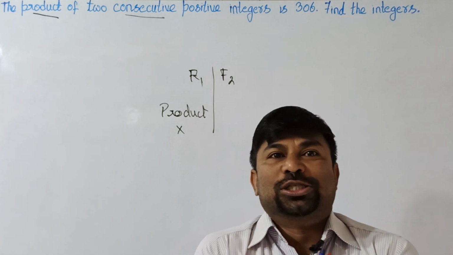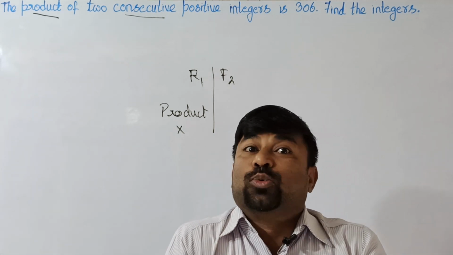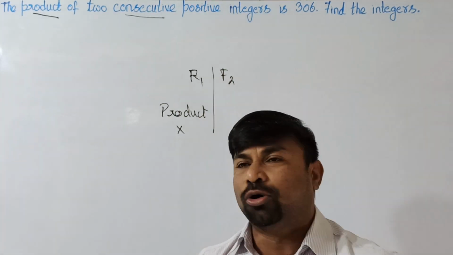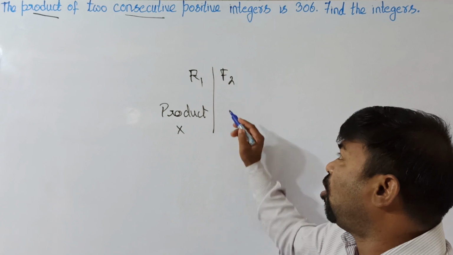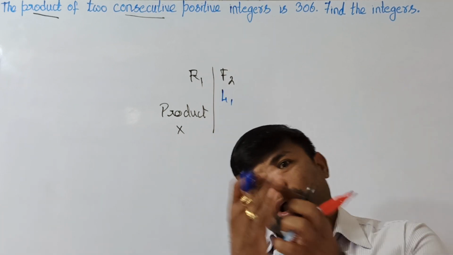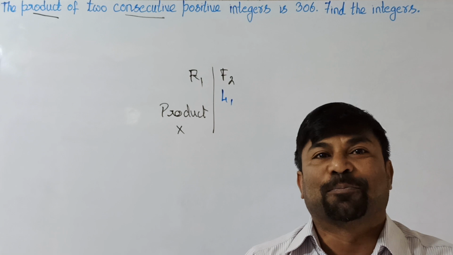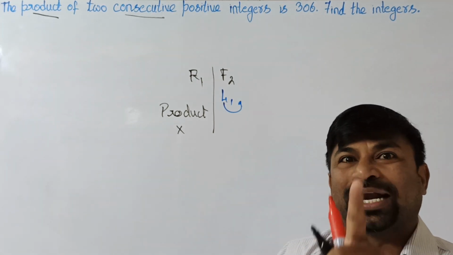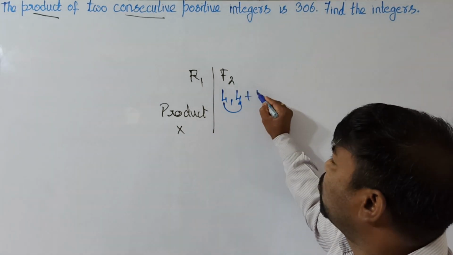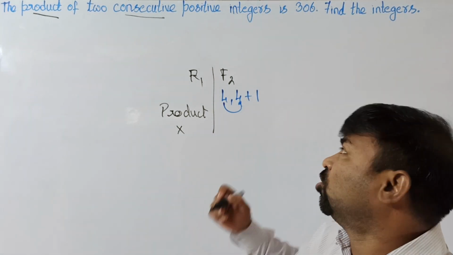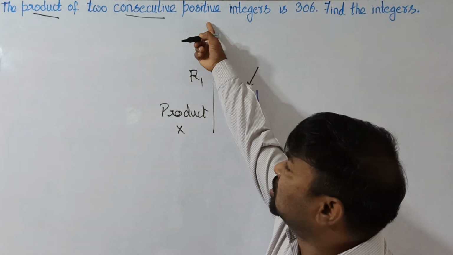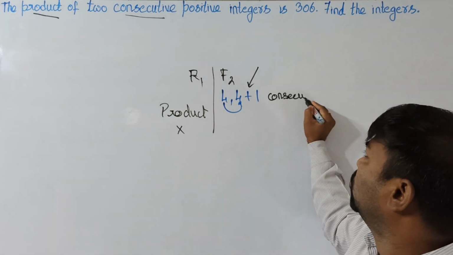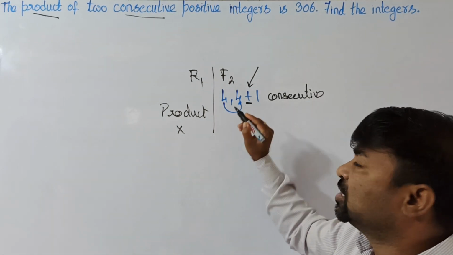Consecutive means a number which we get by adding 1 to the number beside it. Suppose you are talking about the number 4. To know the consecutive to that, you add 1 to the original number: 4 plus 1. So what is the relation hiding in consecutive? As soon as you see the word consecutive, remember the relation is plus.